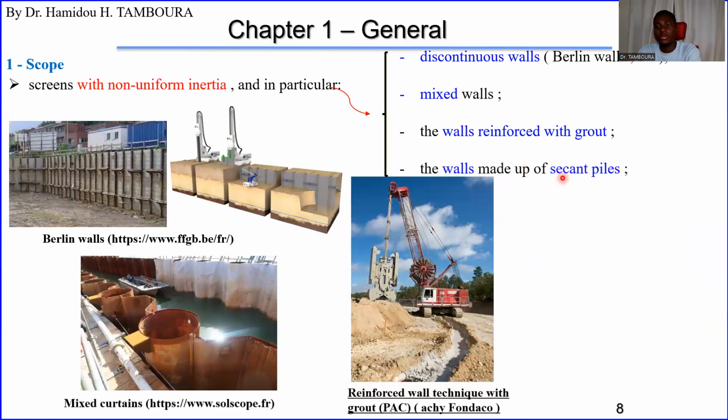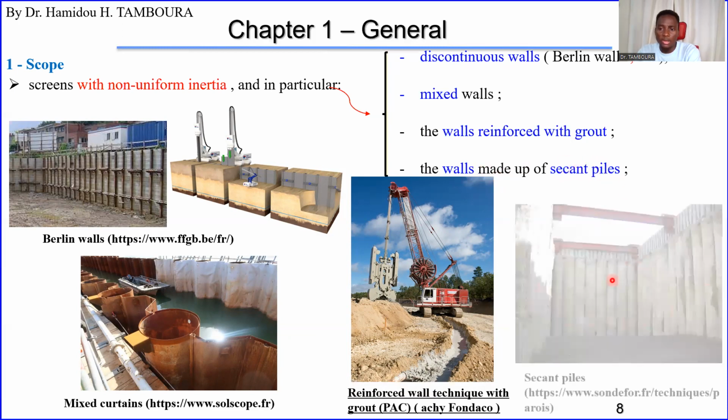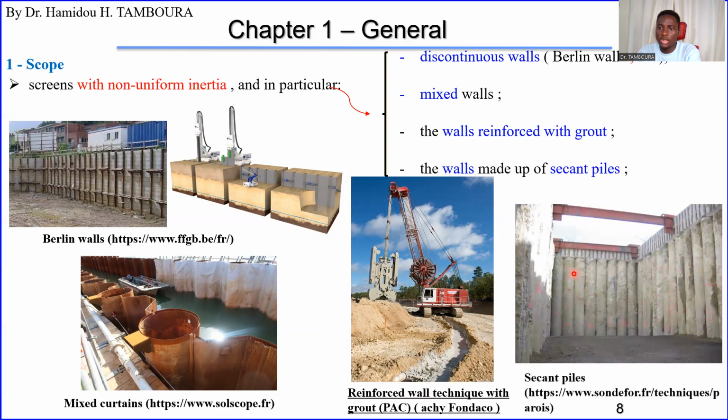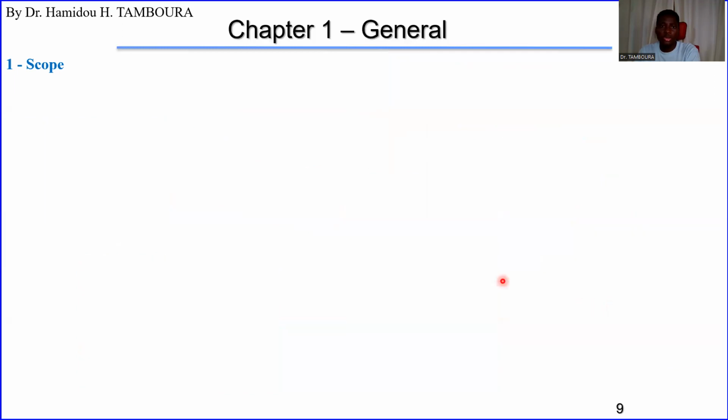Another one is this type of wall, the secant pile. Maybe you have seen this kind of wall before. This is just tubular piles put together side by side. We are going to learn how to design this type of wall.